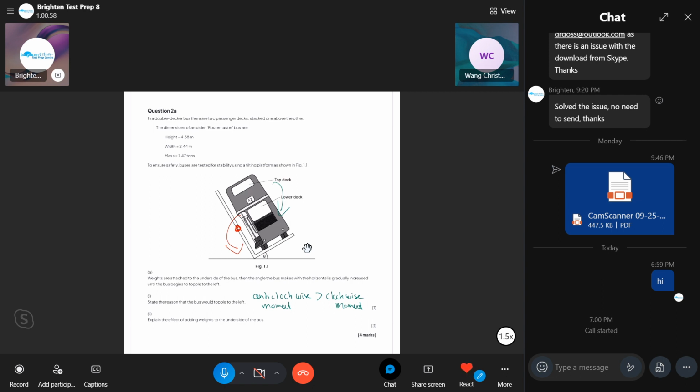And what is the effect of adding weight to the underside of the bus? The concentration of the mass would be shifted more to the left, so the center of gravity would also shift more to the left.